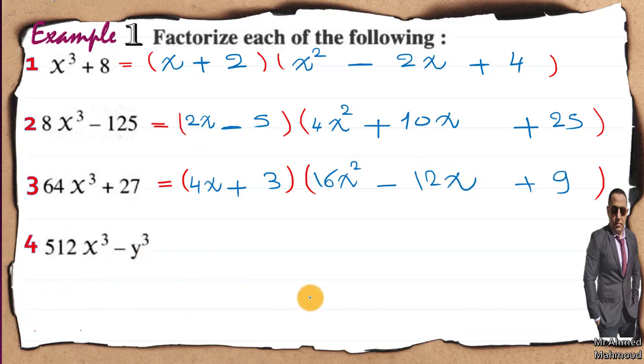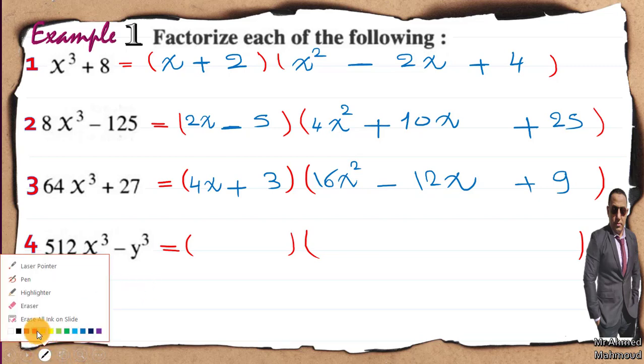Number 4, 512. Okay, here I don't have a common factor between 512 and the other one is -1. Okay, so I'm going to open small bracket, big bracket, and the sign between here the same sign minus, and here it's opposite plus, and here always plus.